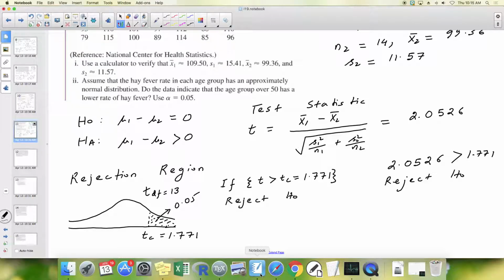And hence we conclude that yes, age group over 50 indeed has a lower rate of hay fever.